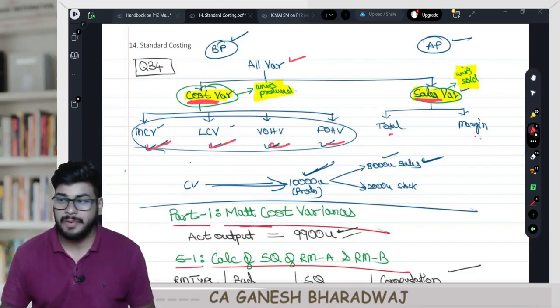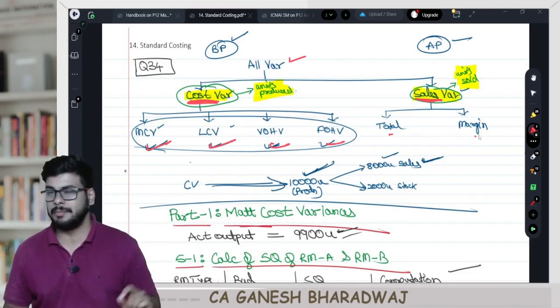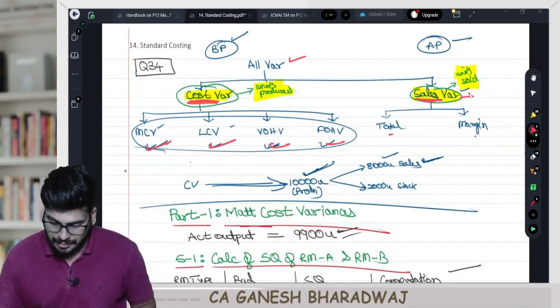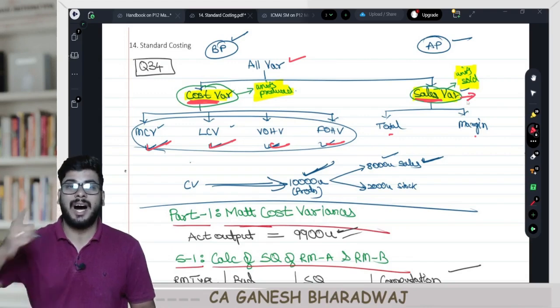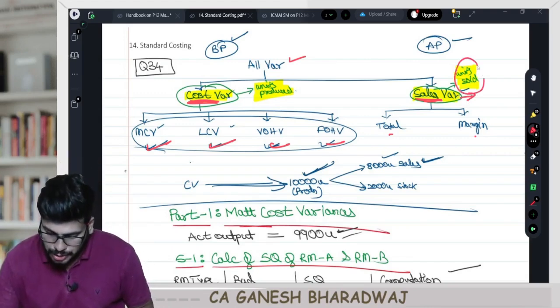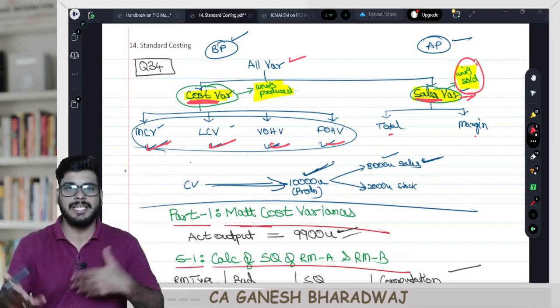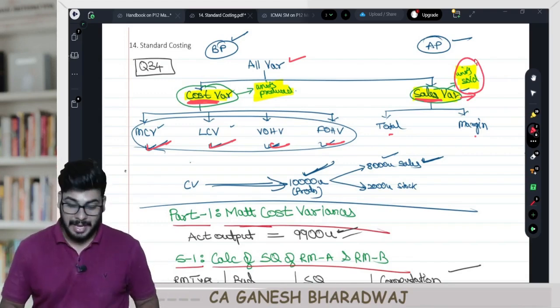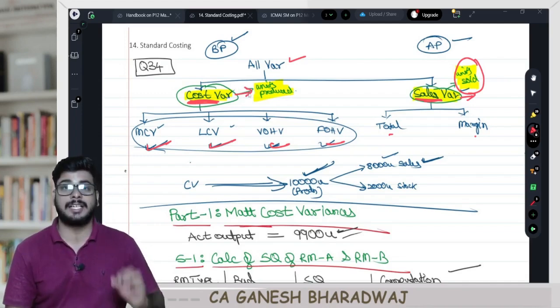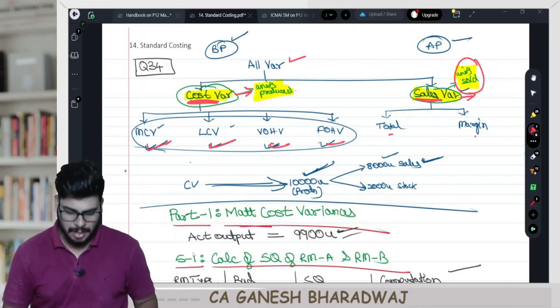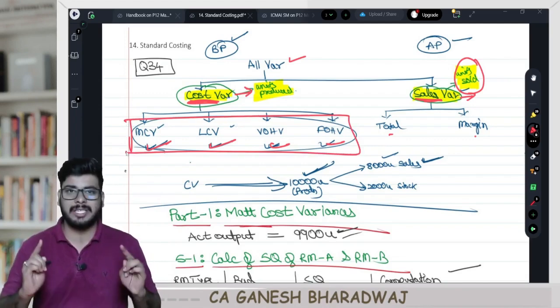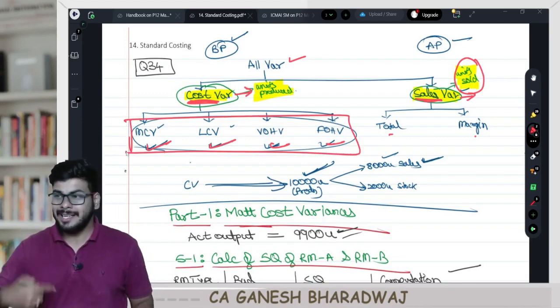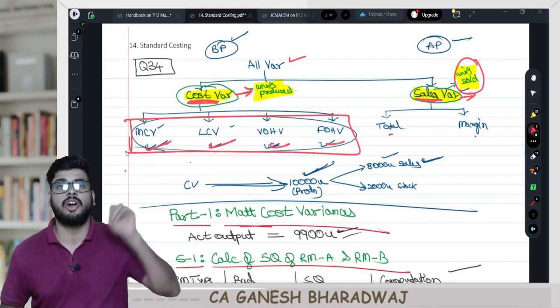Now always remember this, sales variances are always tied to units sold. Obviously, the sales is pertaining to units sold, whereas cost side variances are tied to units produced. Why? Because whatever cost I incur, these costs are for the production, not for units sold.